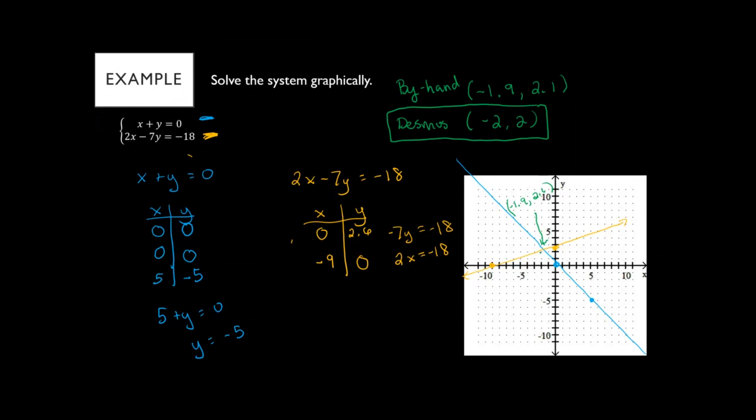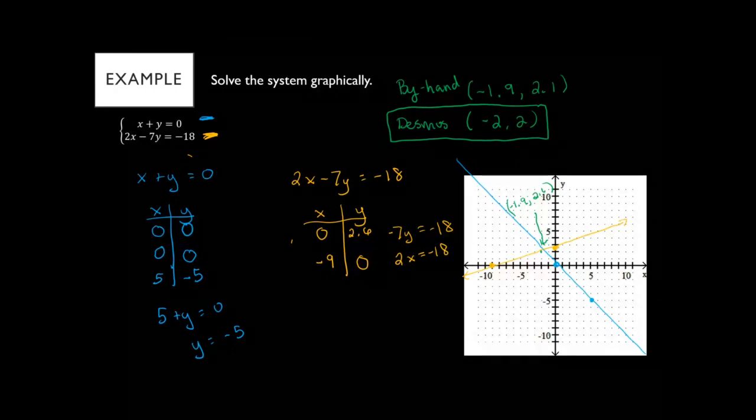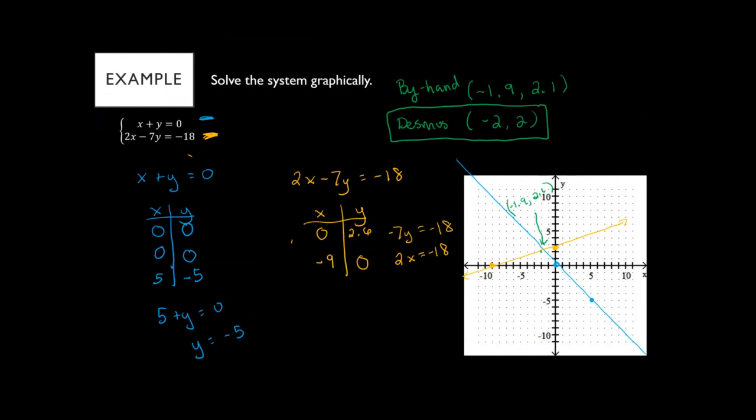Oops. Yeah, if it would actually draw, there we go. So that's where the actual intersection point is, that little dot in green, and mine's close to there but doesn't actually go through it. So this is why I recommend using technology for graphing, because you may not be exact.